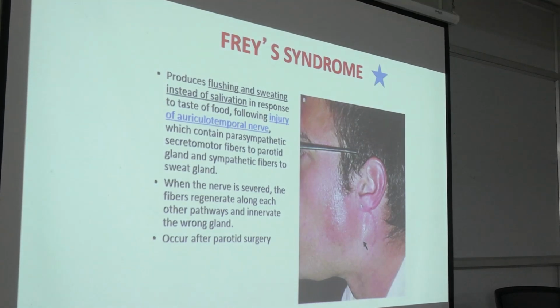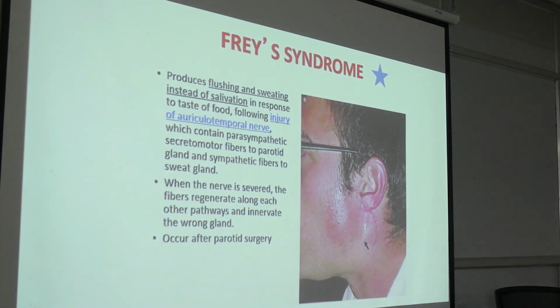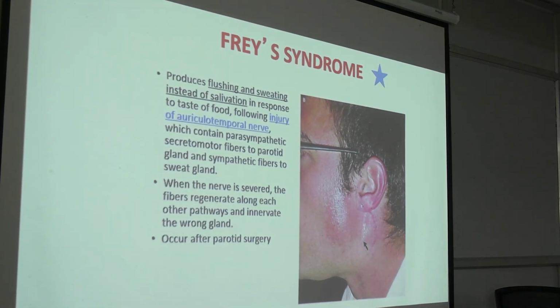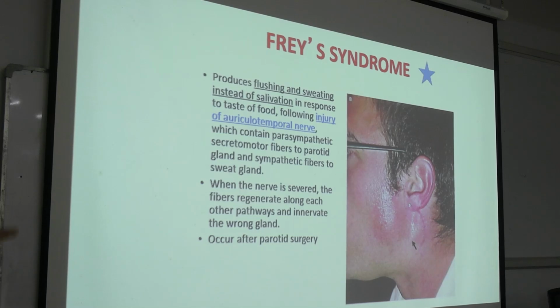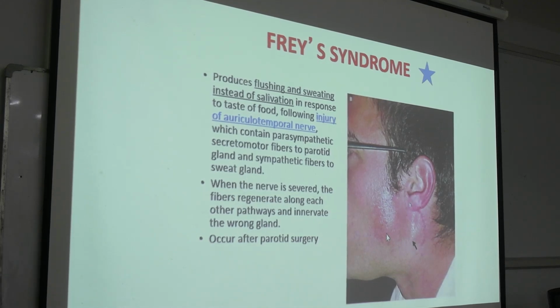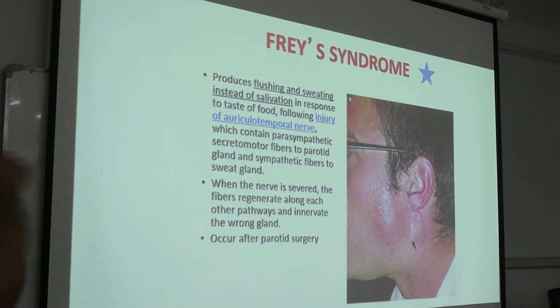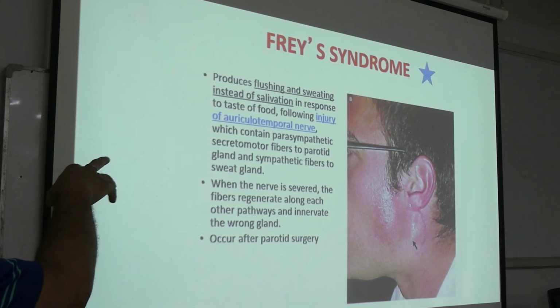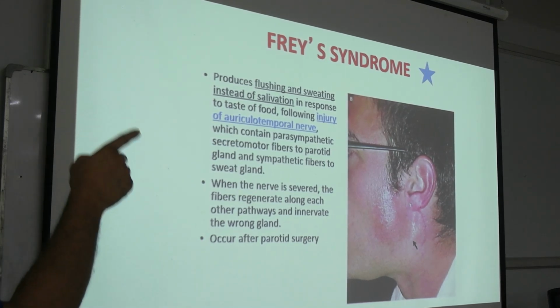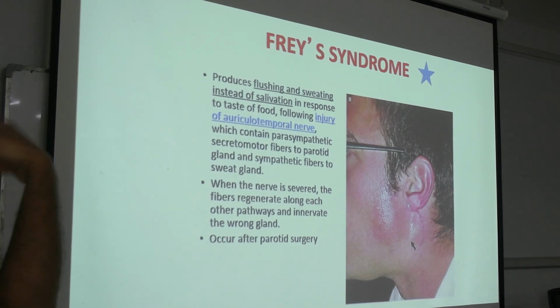When the patient is taking food, they should be salivating. The secretomotor nerve of the parotid gland should be stimulated, which is going to make secretions. Now, if you have a botched surgery, post parotidectomy, the auriculotemporal nerve may be accidentally joined with the sympathetic branch which supplies the sweat gland. Now, instead of that branch stimulating the parotid gland, it is secreting sweat.